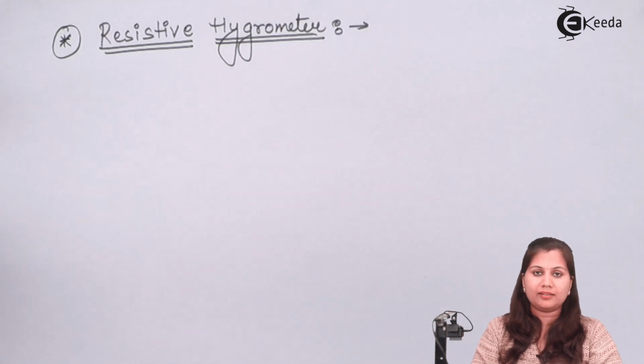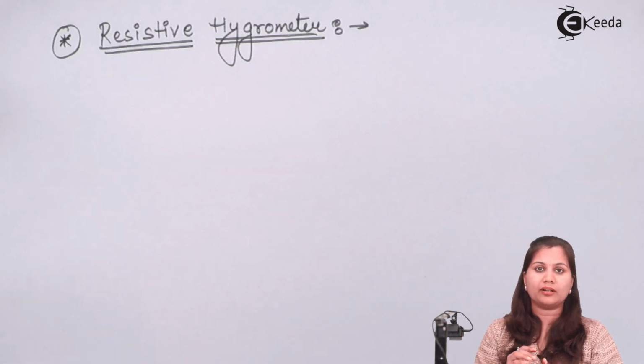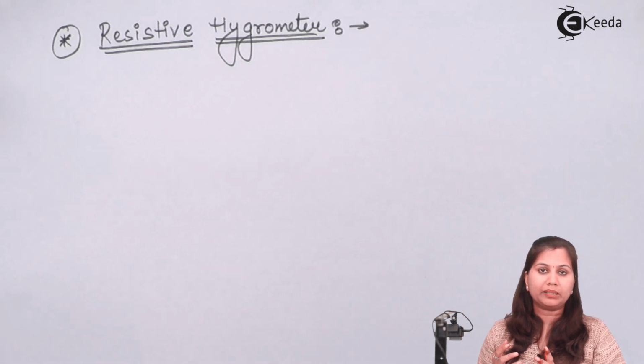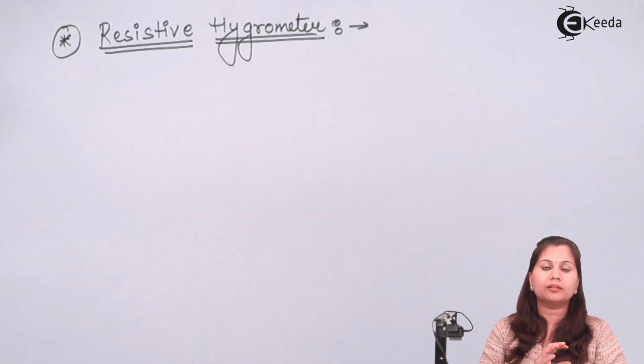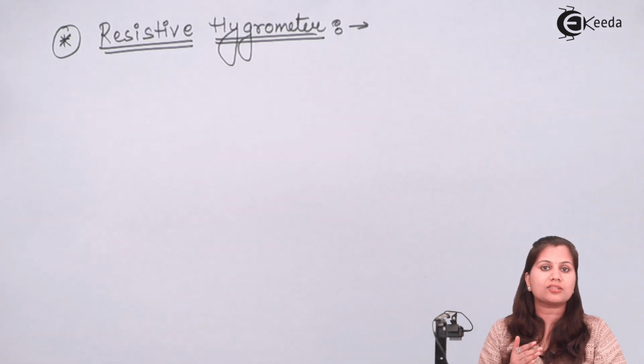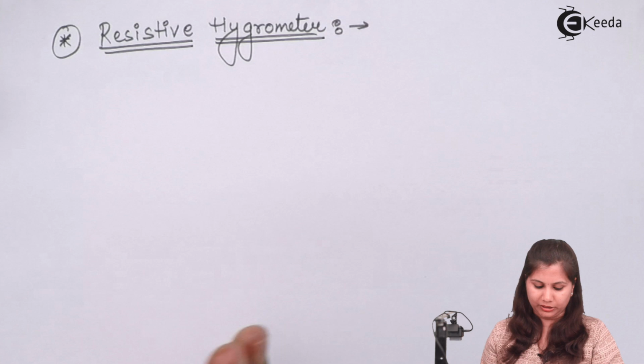There are some materials whose resistance changes with the change in humidity. Such materials are used in the resistive hygrometer. The main part of the resistive hygrometer is the material whose resistance is going to change with the change in the humidity or the relative humidity.